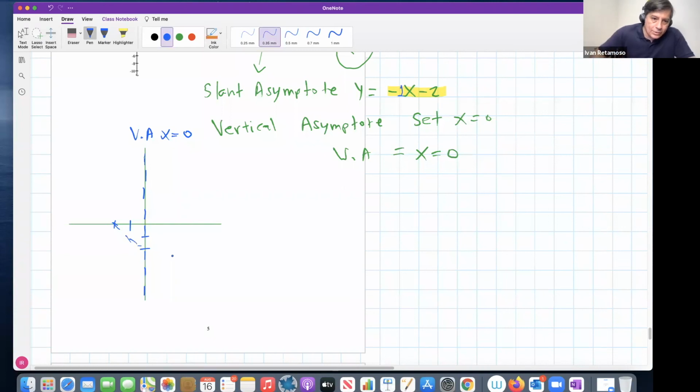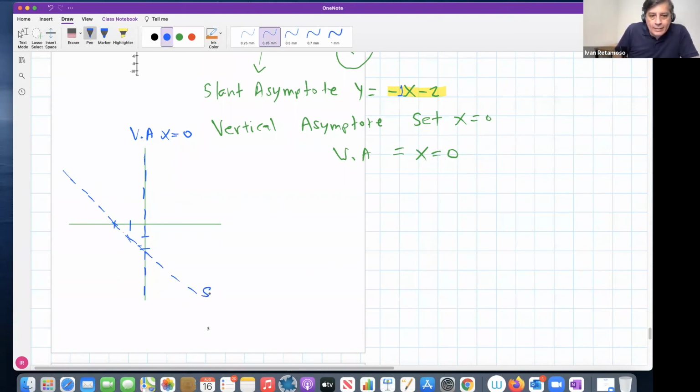But now the trick is, if this is the slant asymptote, which curves do we have to take, this and this, or perhaps this and this. Use test points and figure that out.